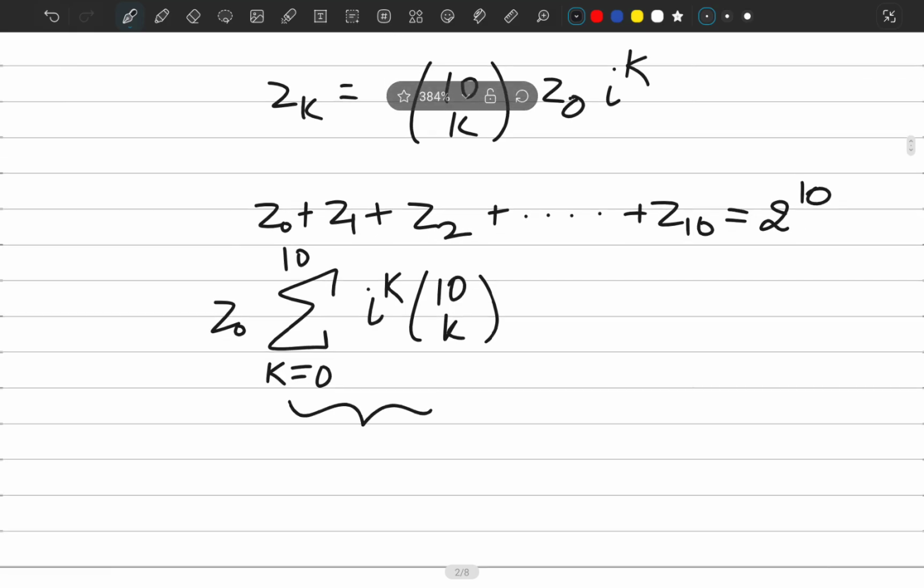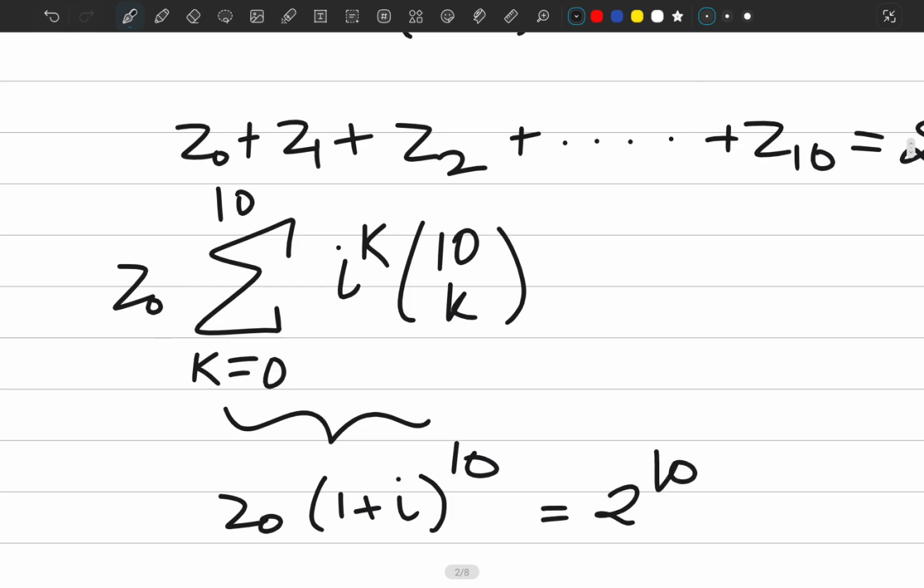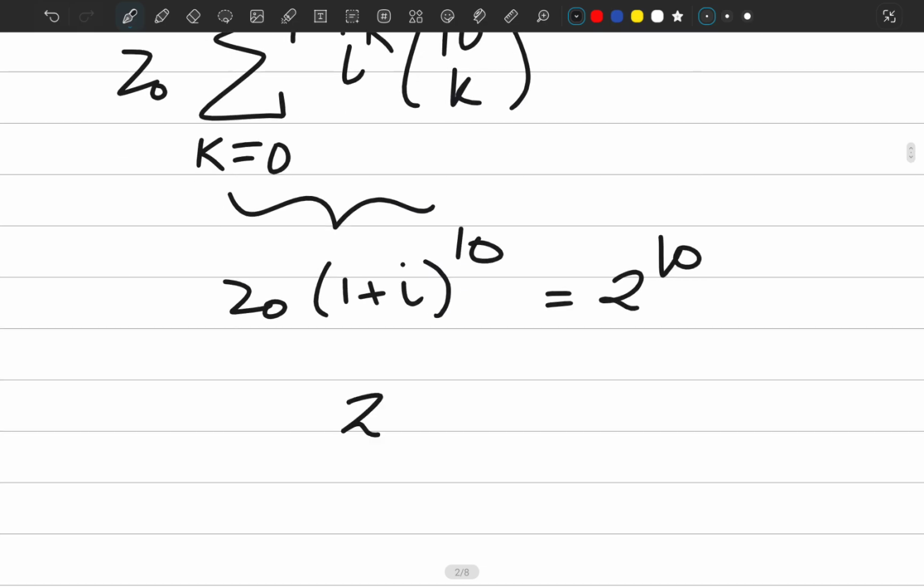This is equal to (1 plus iota) to the power 10 times z0. Now let us work upon 1 plus iota.